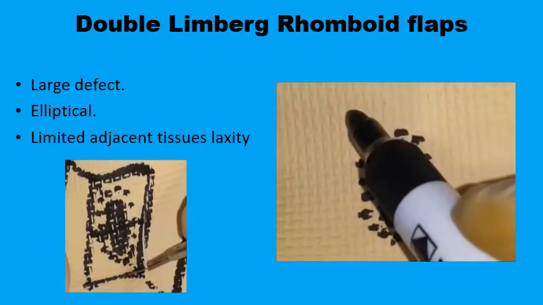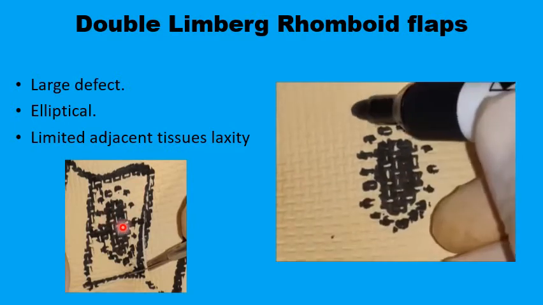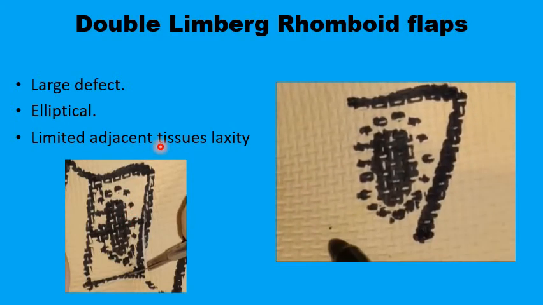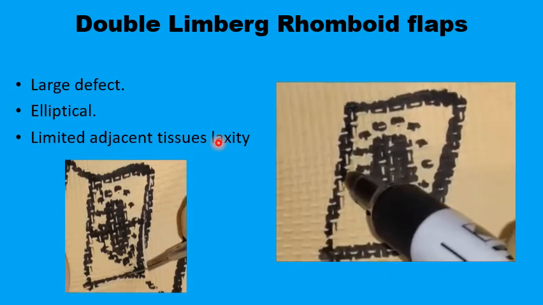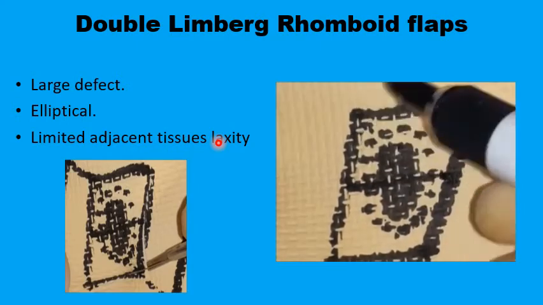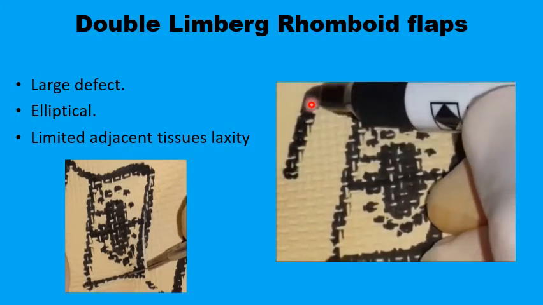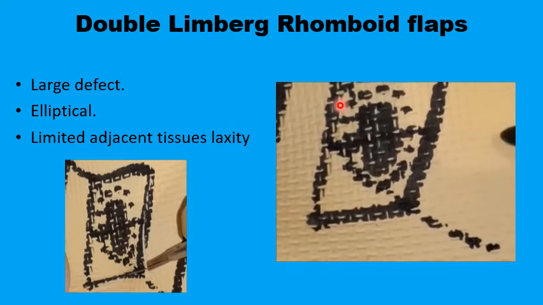And you can have a double Limberg if the lesion is too big or if it is oblong in shape. You now draw a parallelogram with a length to breadth ratio of 2 to 1, which can be divided into two rhombi, and then you extend the short diagonal to the outside as usual and have a line parallel to one of the sides of the parallelogram.